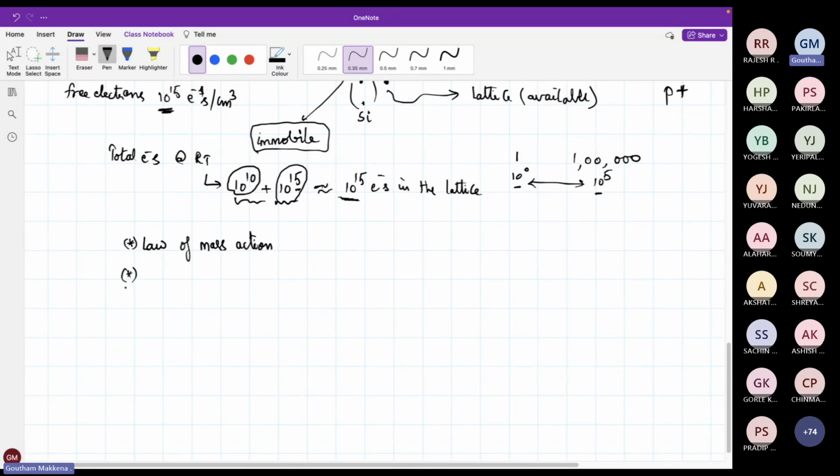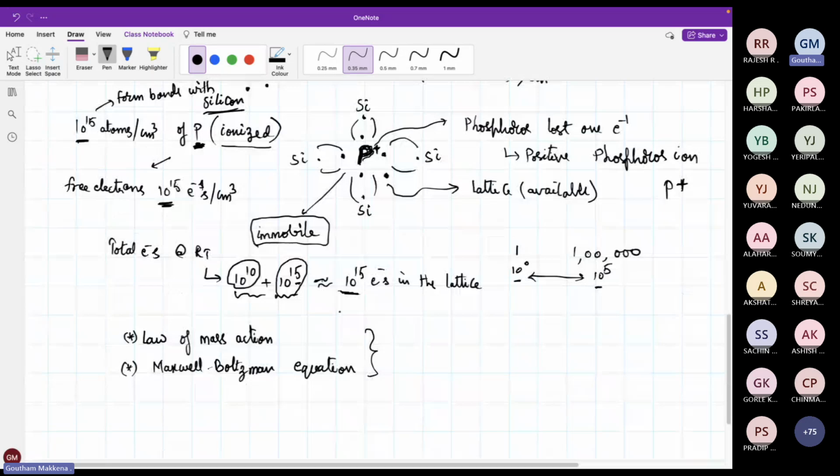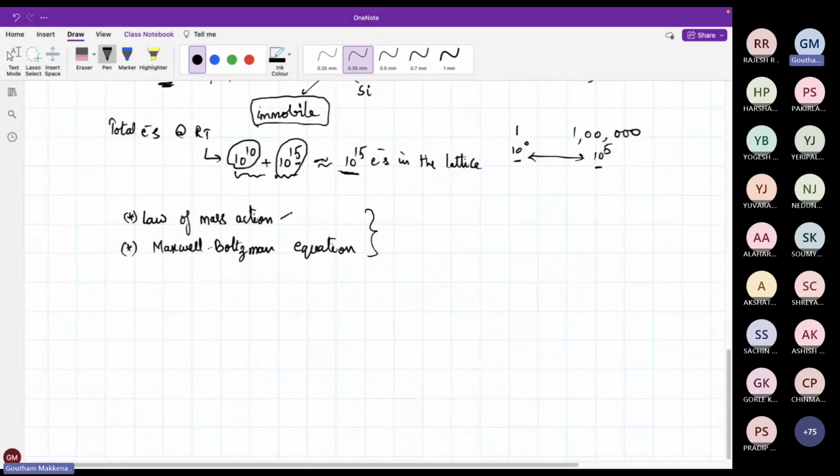The other is the Maxwell-Boltzmann equation. You can study these two expressions and you'll get more insight into what is happening in the lattice. The law of mass action relates electrons and holes.